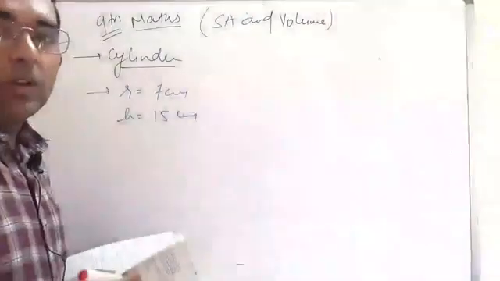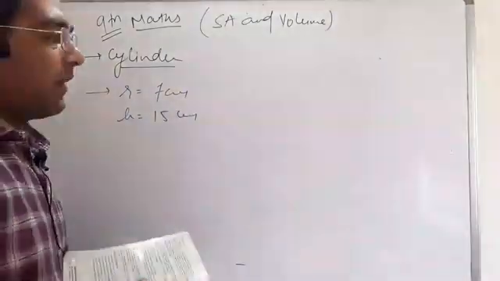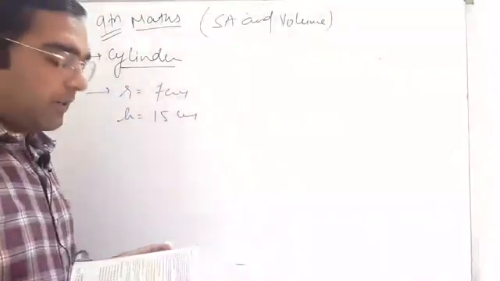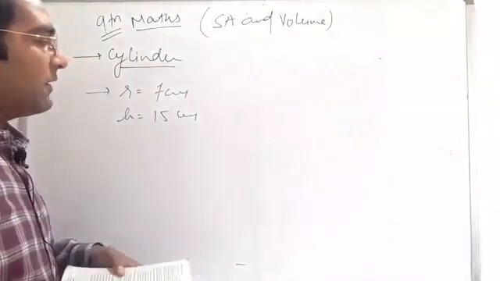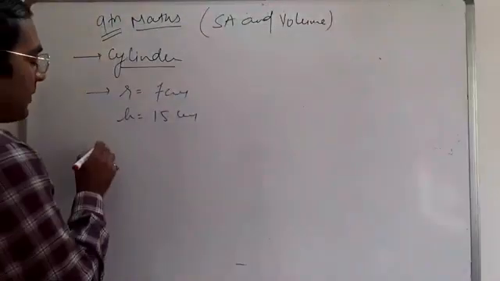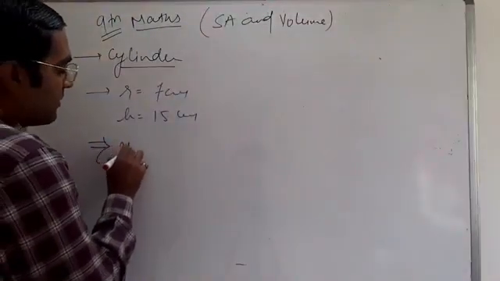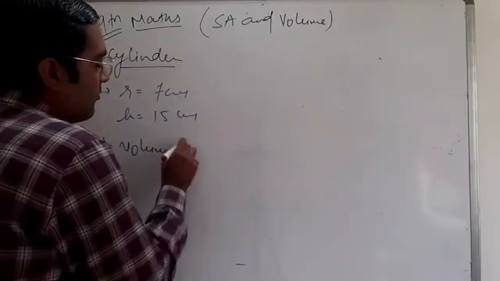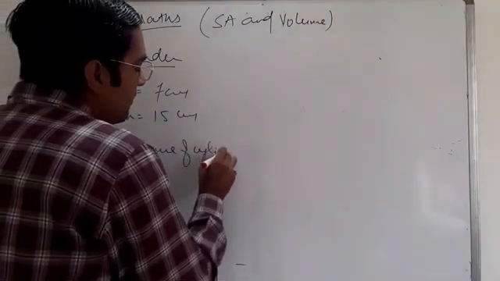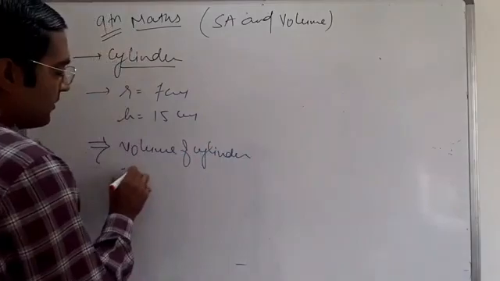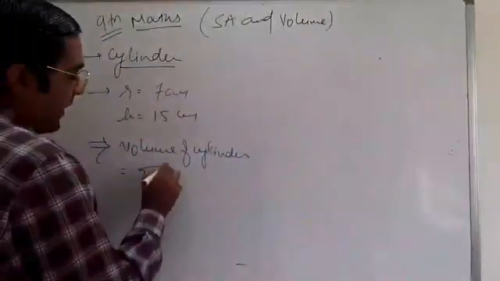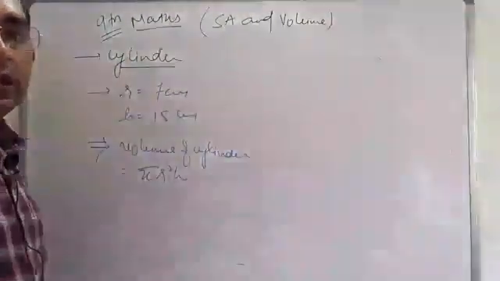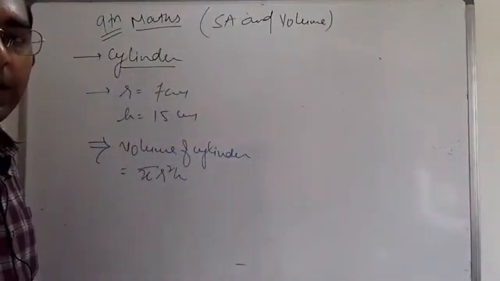Now I have to find the volume of the cylinder. The formula for the volume of a cylinder is pi r square h.